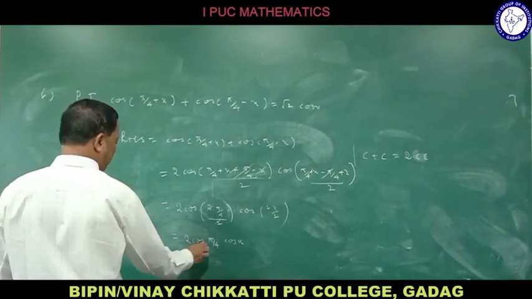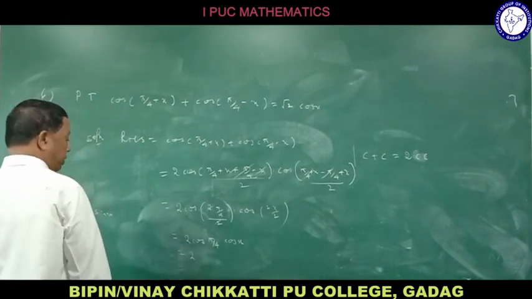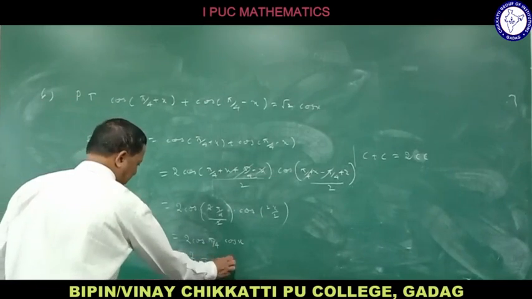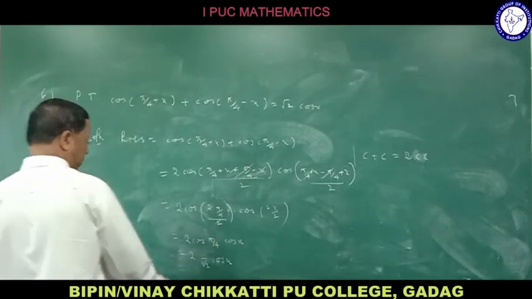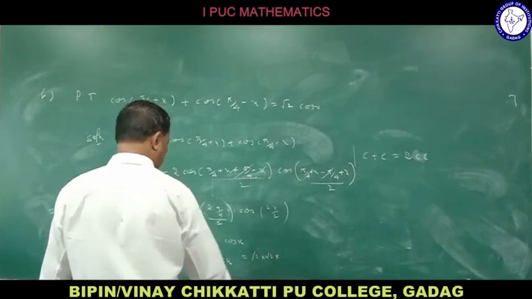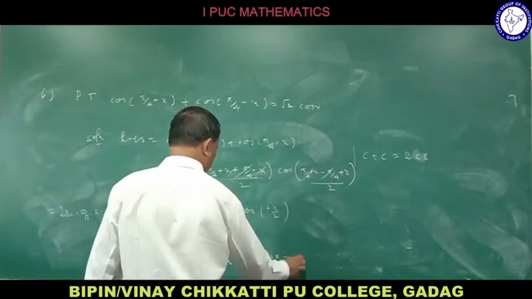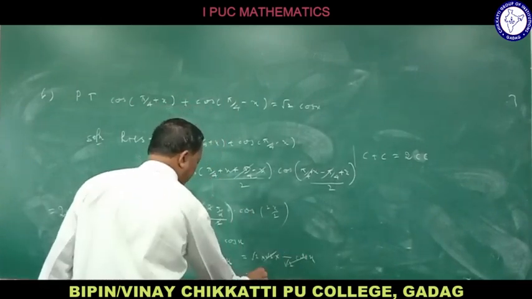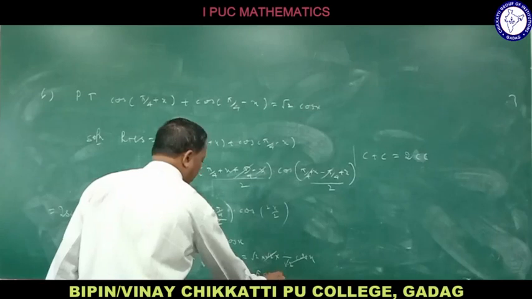So 2 cos pi by 4 is what? Cos 45, that is 1 upon root 2, cos x. But 2 can be written as root 2 into root 2, into 1 upon root 2 cos x. So cancelling, you have to write root 2 cos x.